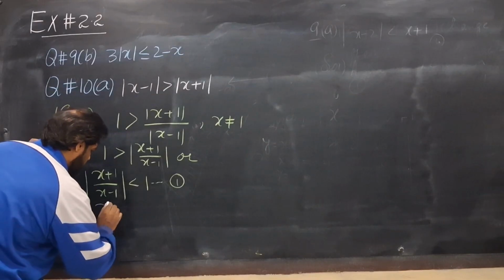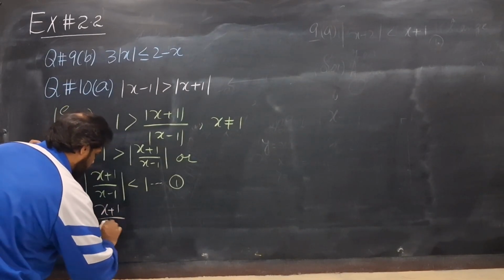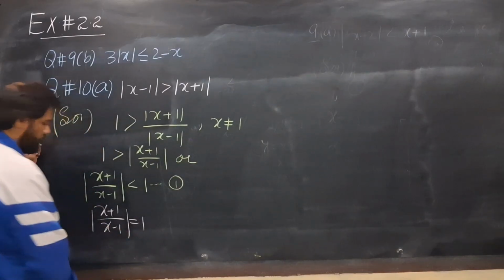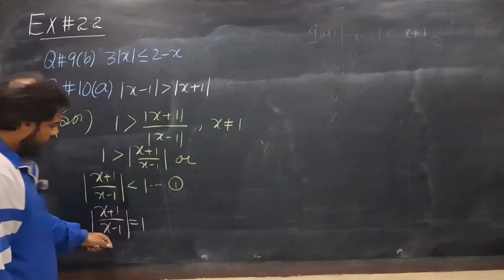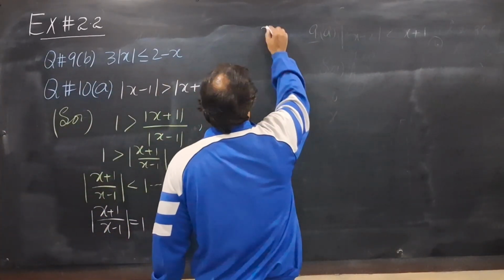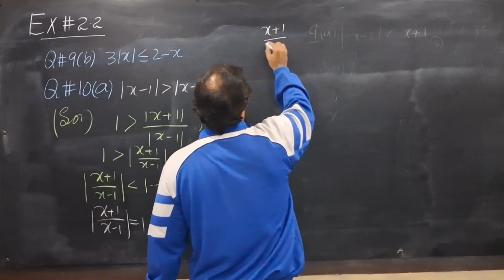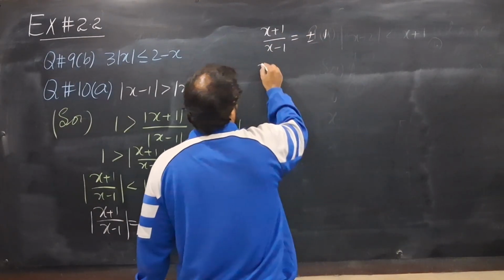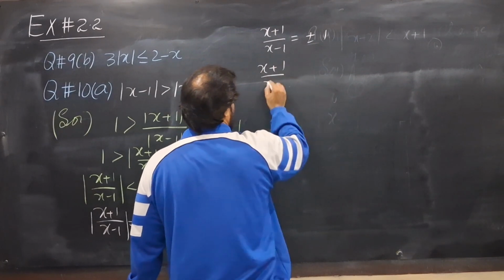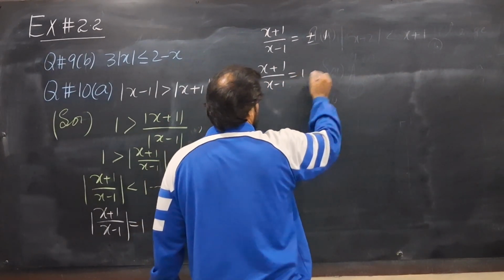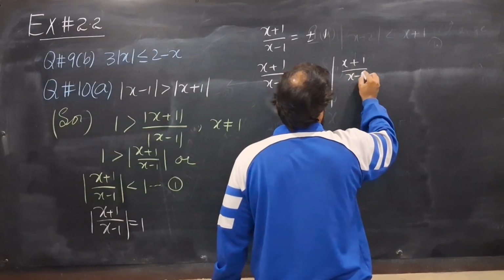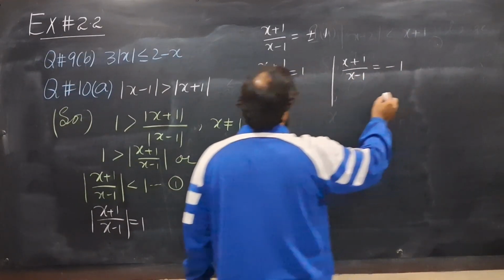The associated equation is |x plus 1| over |x minus 1| is equal to 1. This gives (x plus 1) over (x minus 1) equal to plus minus 1. So either (x plus 1) over (x minus 1) equal to plus 1, or (x plus 1) over (x minus 1) equal to minus 1.